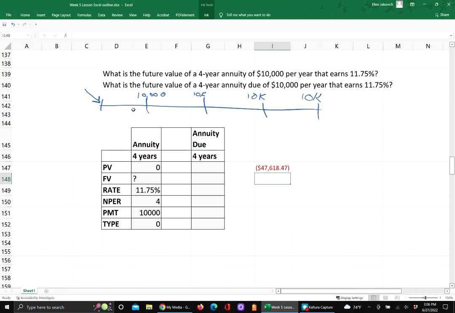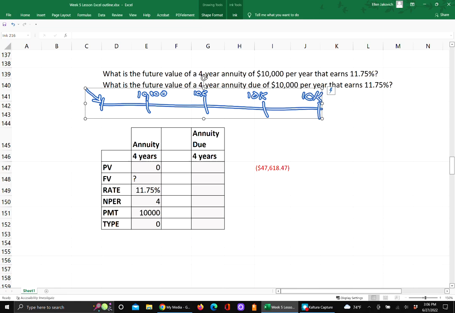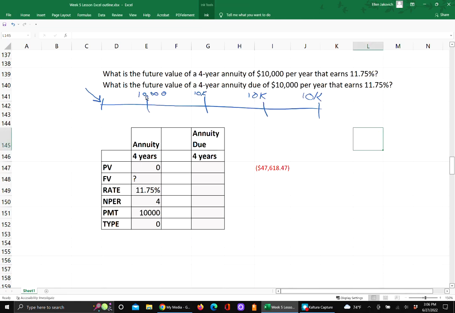So actually what we're seeing is this $7,318.47 is the growth from this $10,000 growing for 1, 2, 3 periods, this one growing for 2 periods, and this last one growing for 1. It equated to that.